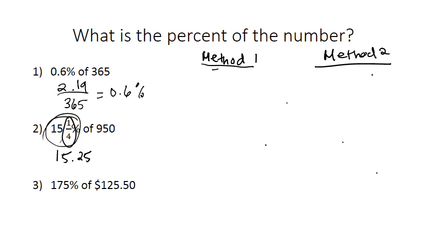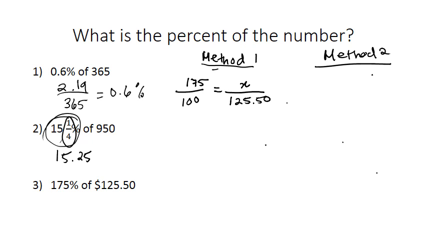Alrighty, let's do one more. And I'll do it in both method 1 and 2 again, so that you can choose whichever one you prefer. Okay, method 1, and so we have 175% of $125.50. So 175% can be written as a fraction out of 100, and we need to figure out what x is out of 125.50.